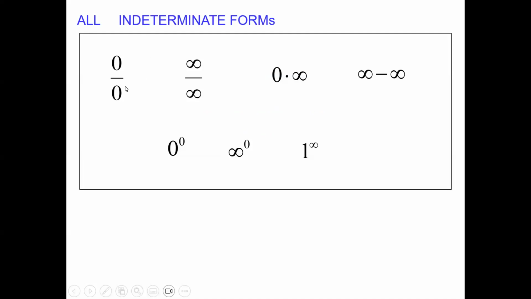For 0 over 0, we try to find a common factor, a common 0, and for infinity over infinity, we know which function grows faster, using the relative rates of growth, and we can get the answer.